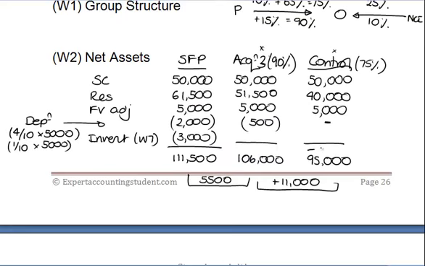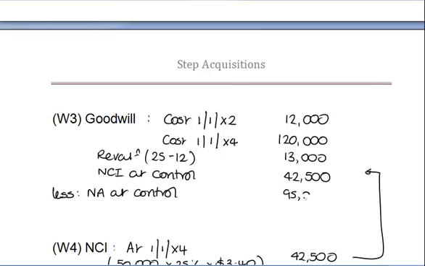So what I'm going to do is I'm going to take away 95 million. So this gives me a goodwill figure of 92.5 million.